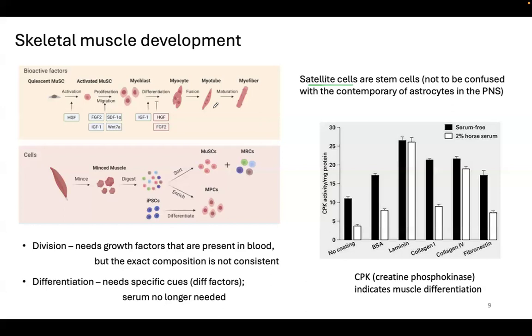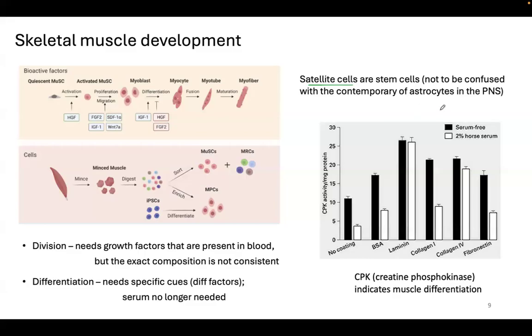Satellite cells, if you remember from last week, is also a name of astrocyte-like cells. Astrocytes in the CNS do some supporting and clearing up of ions.